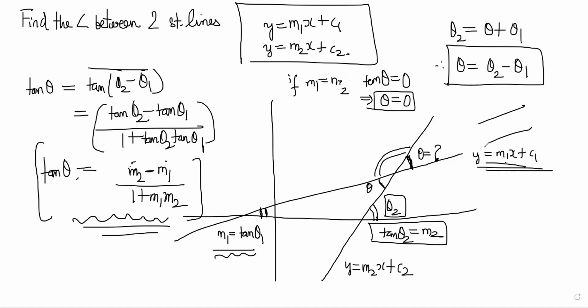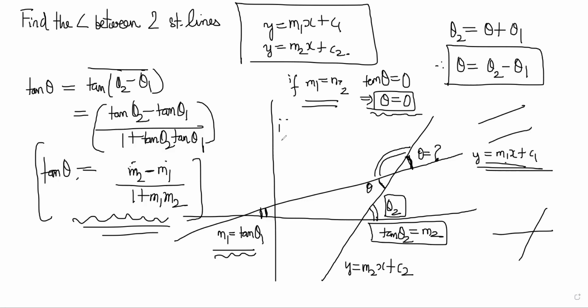If they intersect, they will make some non-zero angle. If they never intersect, then they make 0 angle. So lines are parallel. The condition is theta is equal to 0, which means m1 should be equal to m2. Slopes are equal, right?